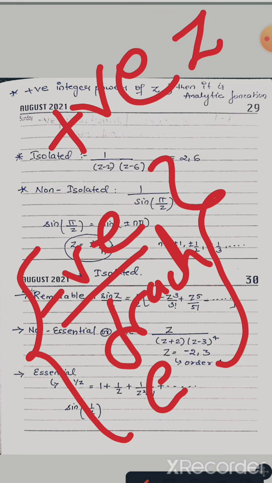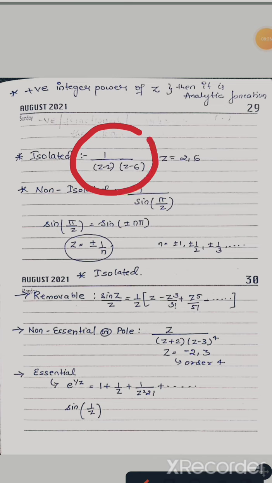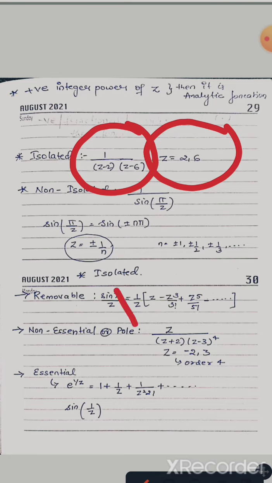If any equation contains a negative power of z, or any fraction or exponential value, just leave those equations. Next, you have to know what is isolated and what is non-isolated. Isolated is, for example, the function 1/(z − z2), where you can directly find the roots for the z value, where the denominator becomes 0 and the answer tends to infinity.